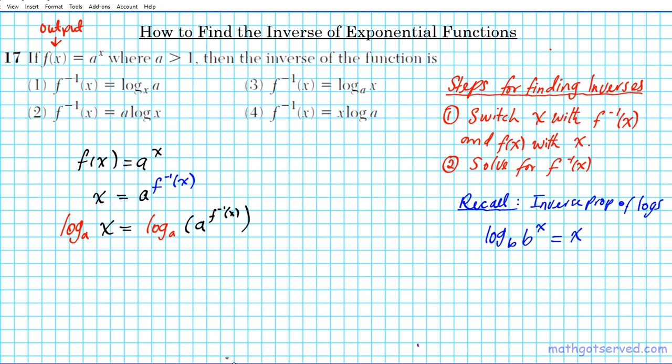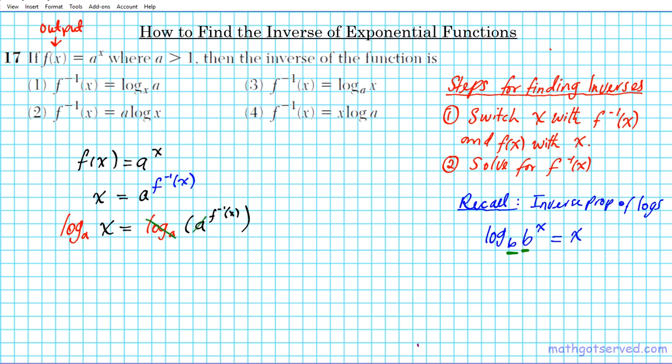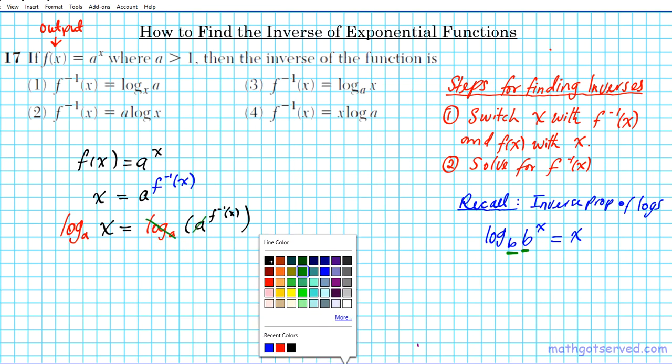So what happens here? On the right side, notice how it's similar to the property we illustrated. If the base of the exponent and the base of the logarithm are identical, we have an inverse operation happening. So this log and this a are inverses and take each other out.